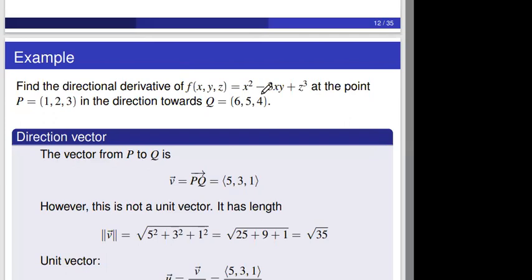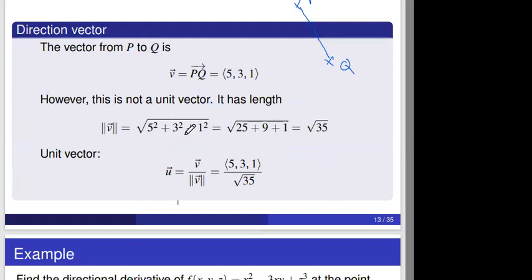P is given, P is (1, 2, 3), and Q is (6, 5, 4). Can you find the unit vector in the direction of PQ? Very easy, right? You know these coordinates, so you can find the PQ vector.